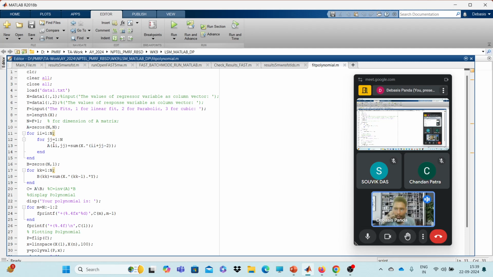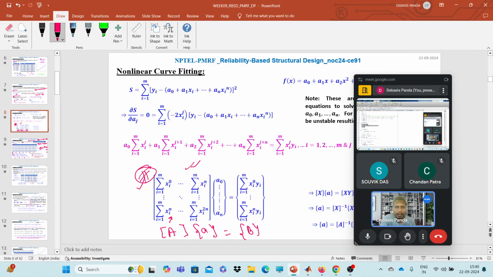When we consider i equals 1 and jj equals 1, the component of A will be x to the power 0. When jj equals 2, it will give us x, and so on. In this step, the complete A matrix is formed.